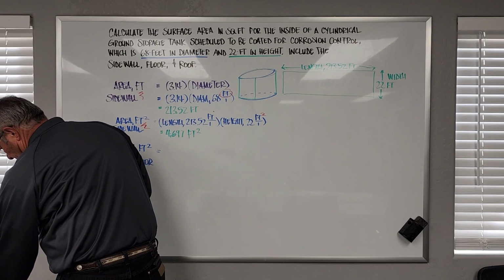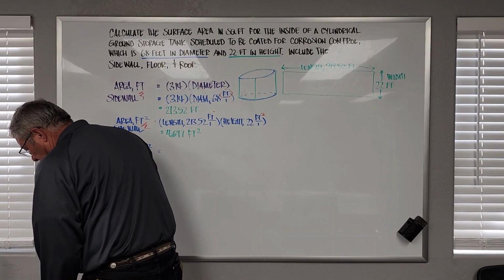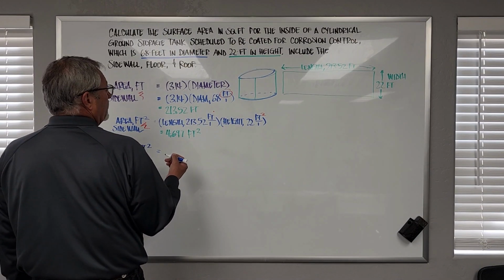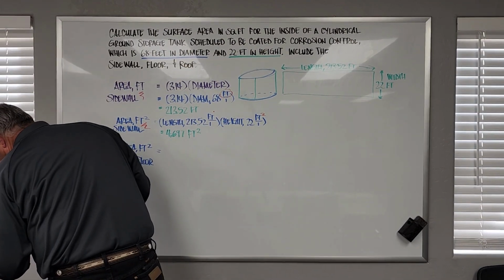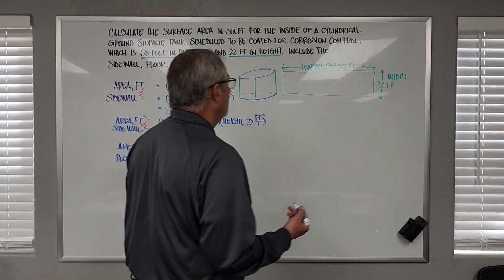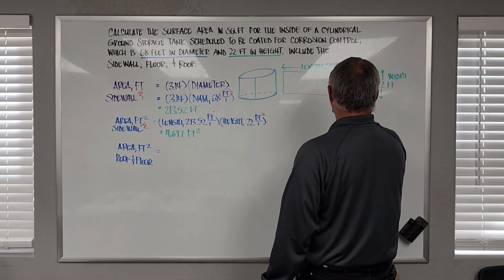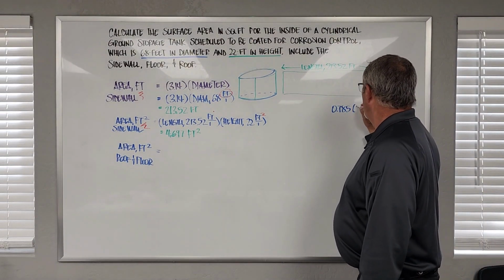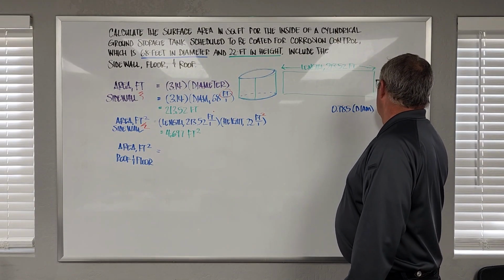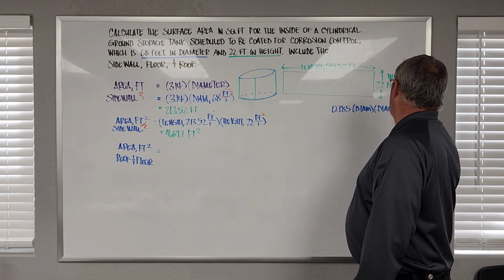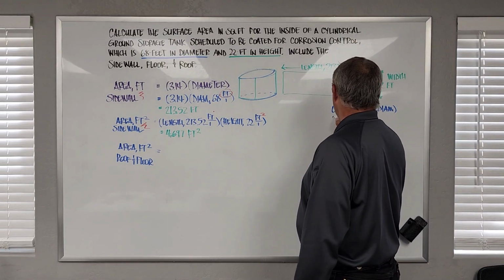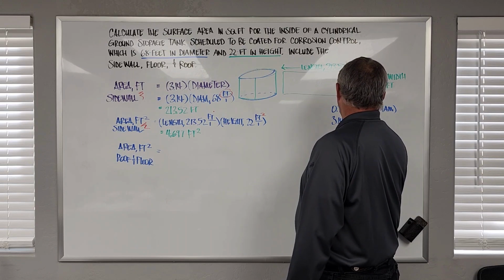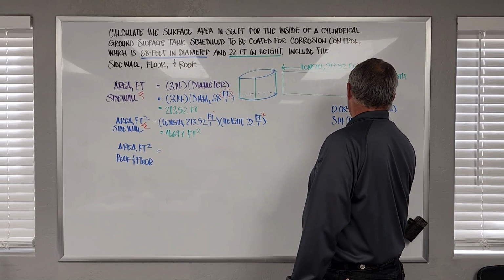So if I look on my ABC math formula conversion table, I'm going to see area of a circle, and you get a couple of different options. You can use 0.785 as your conversion factor times the diameter times the diameter, or you could use pi, 3.14 times the radius times the radius.